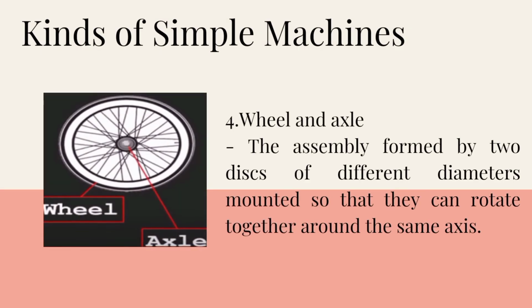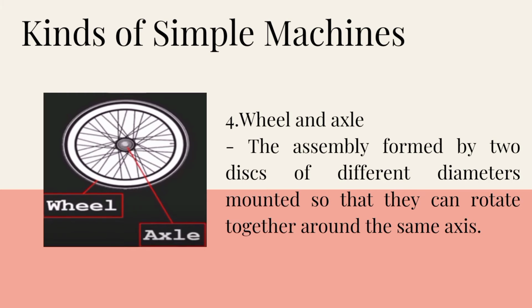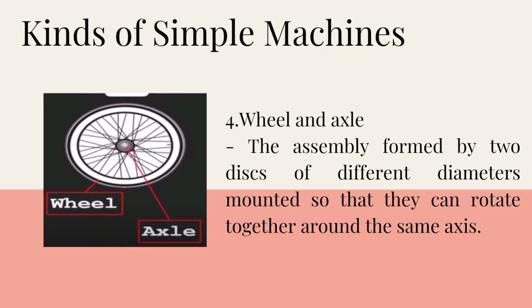Number 4. Wheel and axle. The assembly formed by two discs of different diameters mounted so that they can rotate together around the same axis. According to the definition, a wheel is a circular frame of hard material that may be solid, partly solid, or spoked, and that is capable of turning on an axle.